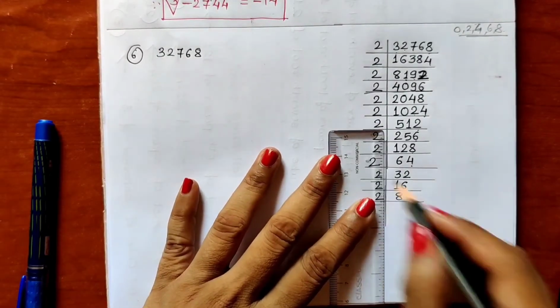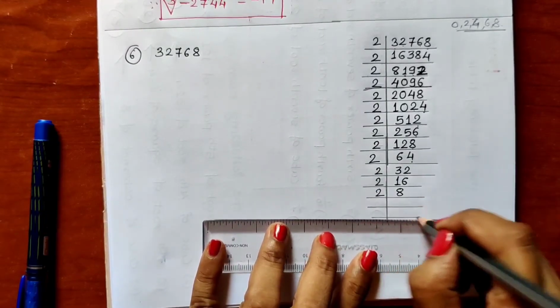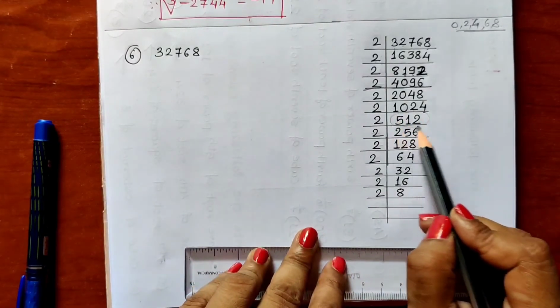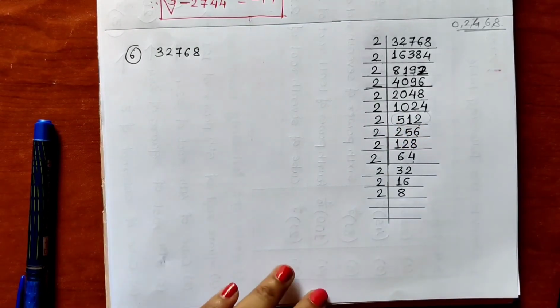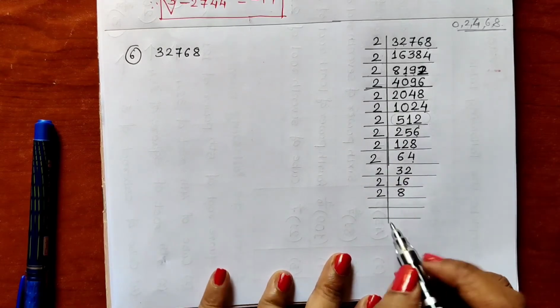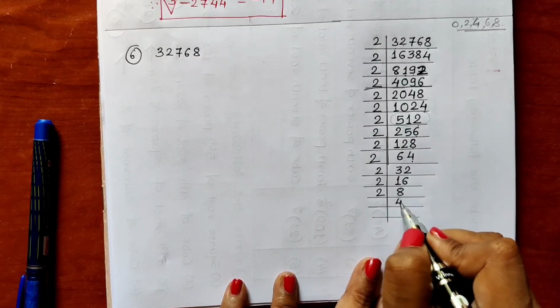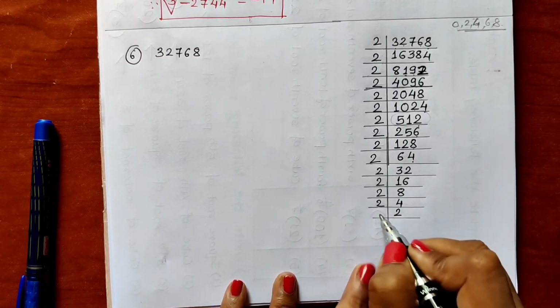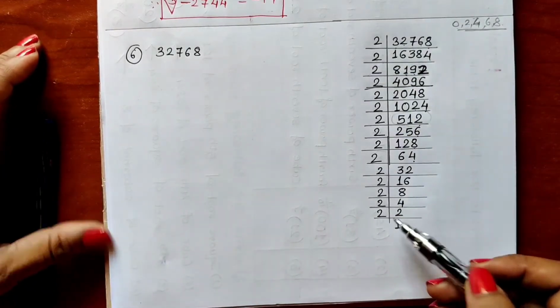It has become very big. If you know the cube of 512, you can directly write it as 8 into 8 into 8. Otherwise you have to keep on dividing and finding out the prime factors. Now 2 4s are 8, 2 2s are 4, 2 1s are 2. So in this way we have got all the prime factors as 2.